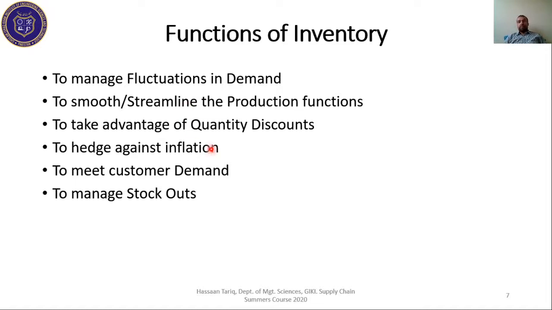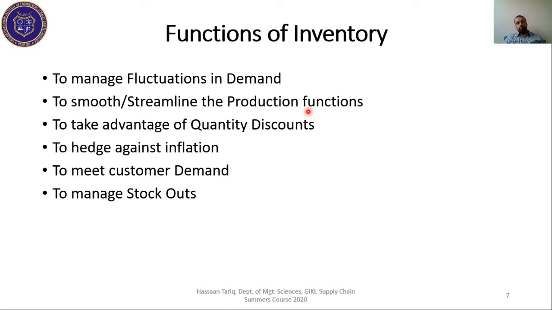Take advantage of the quantity discount. This is basically if you buy more in bulk, because if you buy one item, you have a certain price to pay, but if you buy 10 units of that item, you are given a discount. Similar to the Pepsi and Coke stocked by the big retailers: if you buy one 1.5 liter bottle, you pay 100 rupees.